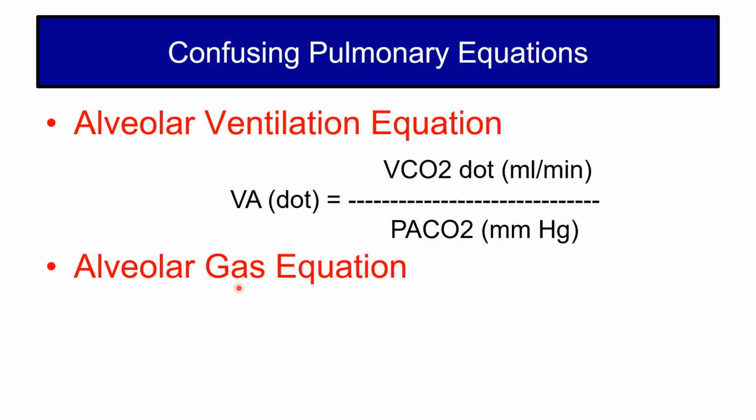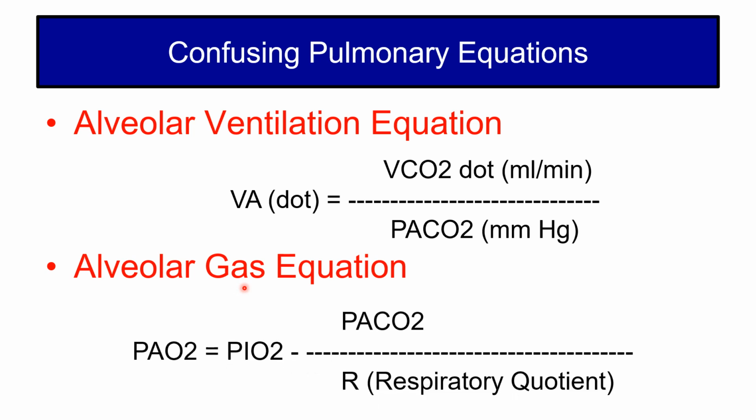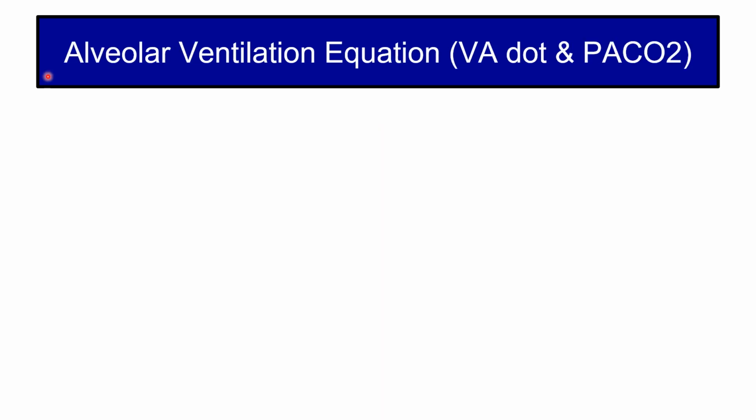While the alveolar gas equation talks about the O2 tension in the alveoli. It is equal to the inspired oxygen tension minus the quotient of the alveolar carbon dioxide over that of the respiratory quotient. Let us talk about the alveolar ventilation equation in more detail.